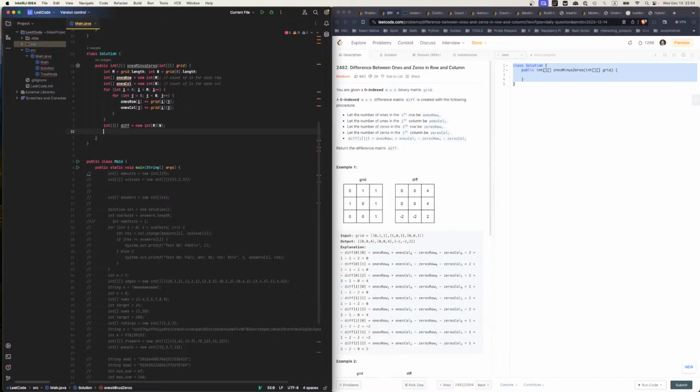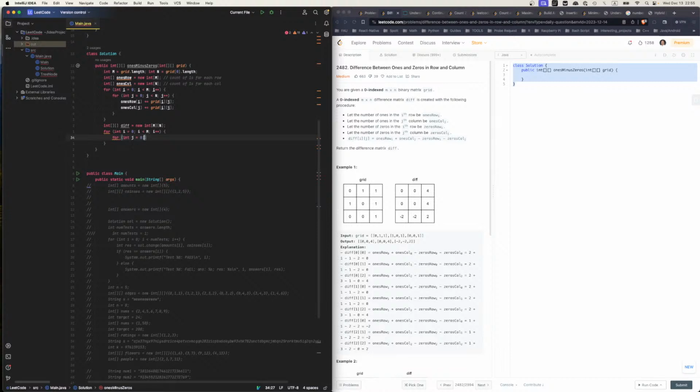Then we'll go again for int i = 0; i < m; i++, for int j = 0; j < n; j++.